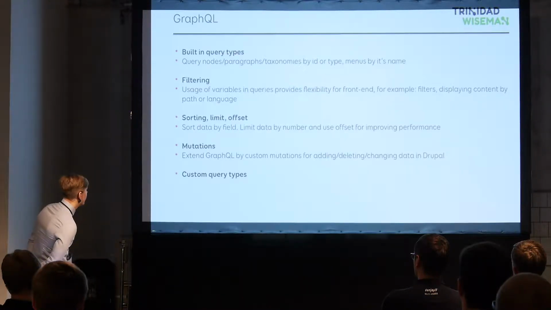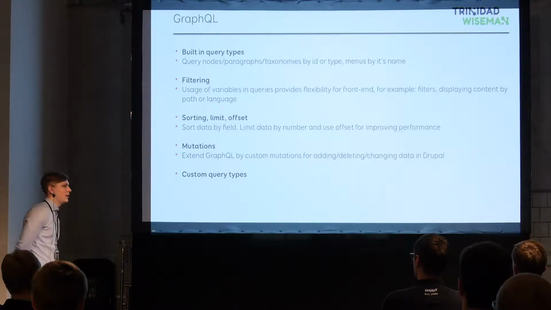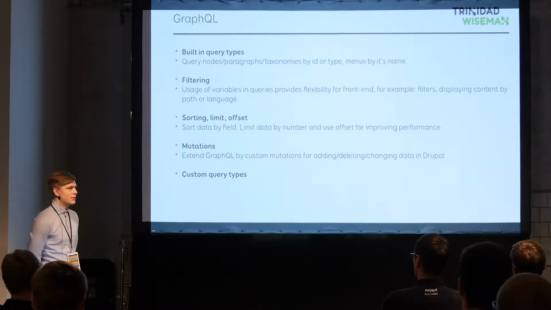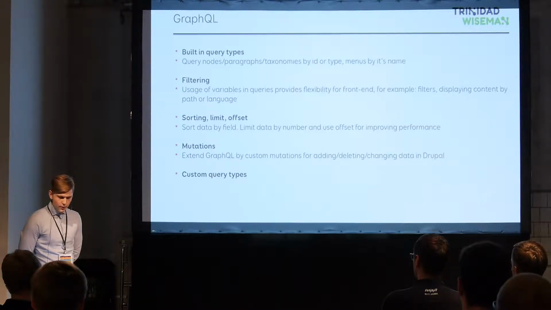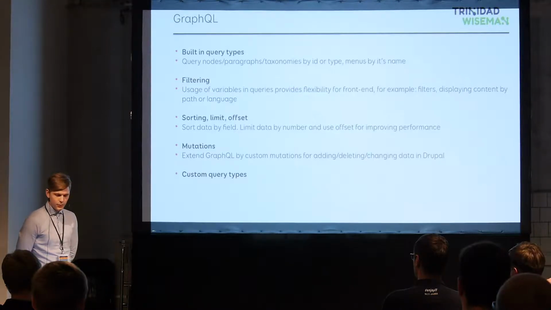We don't know the reason for that. Maybe it's because of security reasons that the default mutation will not be created, so people can't just use queries to inject or remove data.